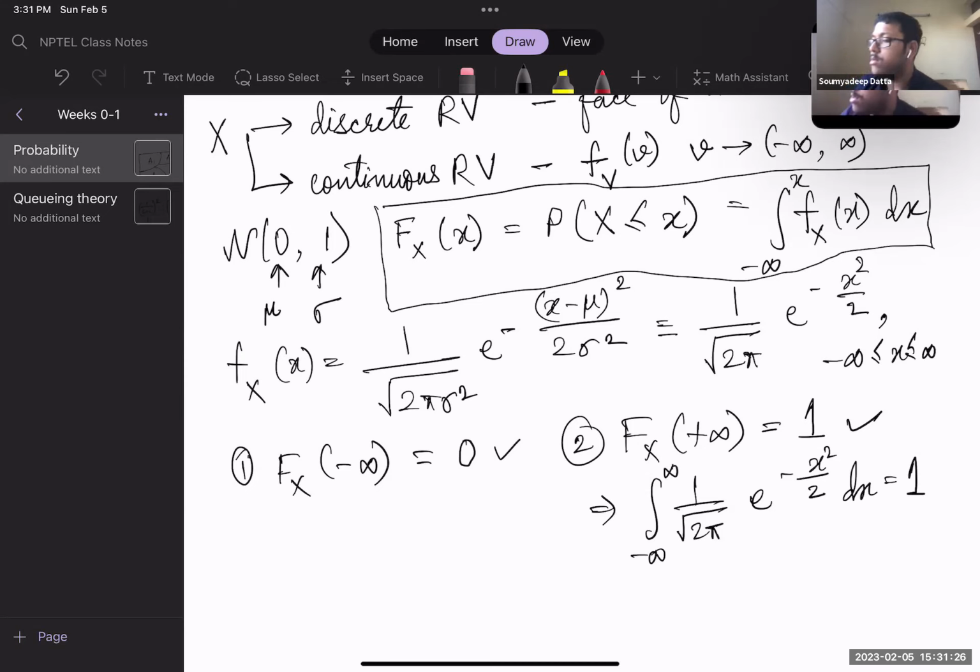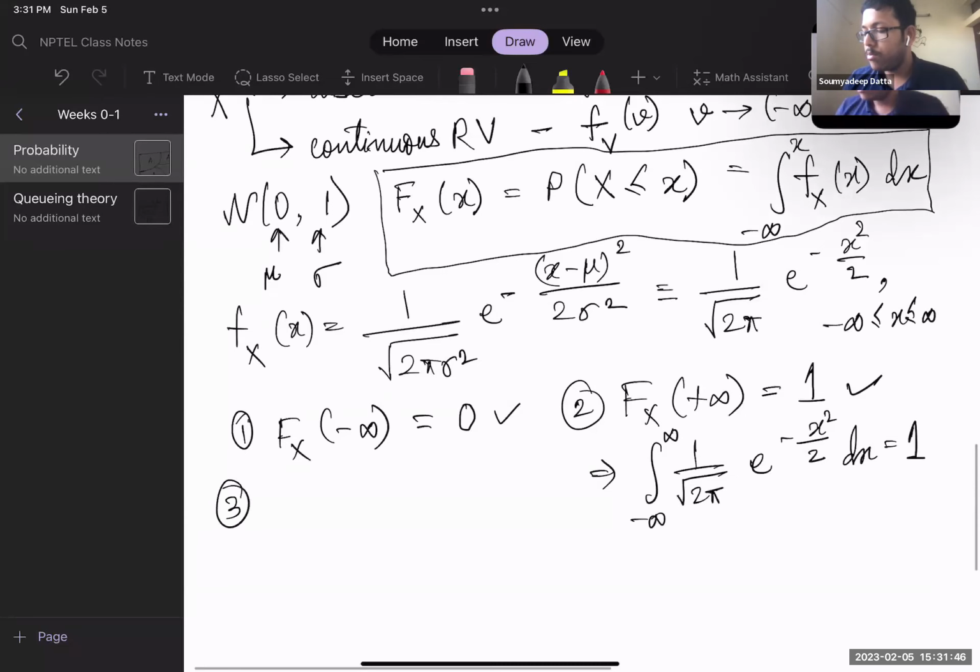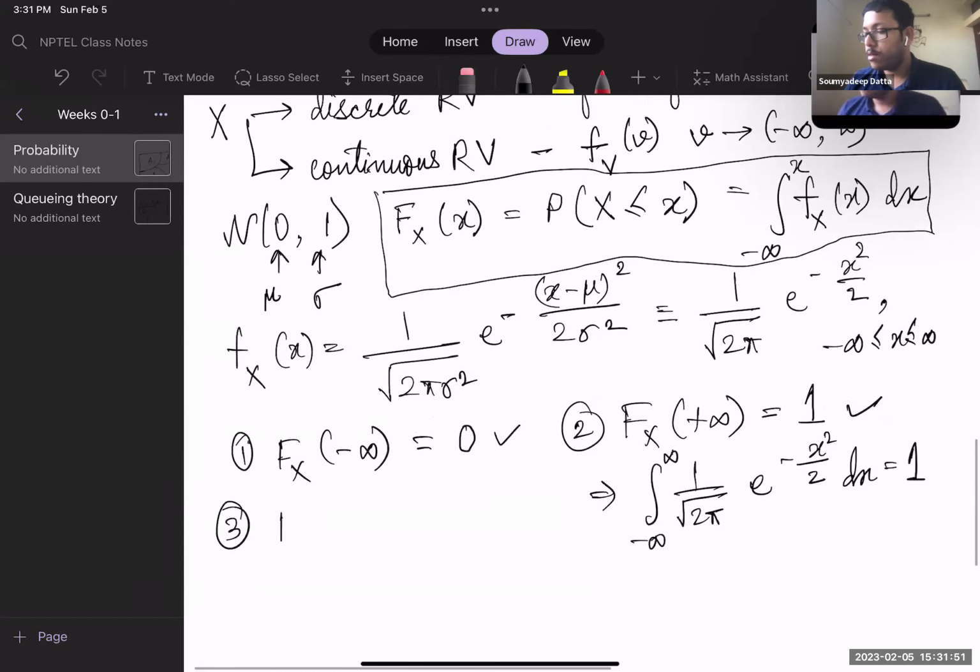But we know that the solution is 1, because this is a Gaussian PDF and it is continuous over its whole range, and from the property of the distribution function, you can get the value of this integration. And then the third property, which is special for Gaussian and in general for other symmetric distribution functions, is: what is the value of this quantity?